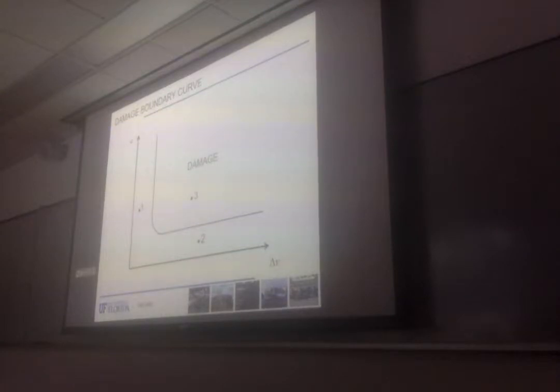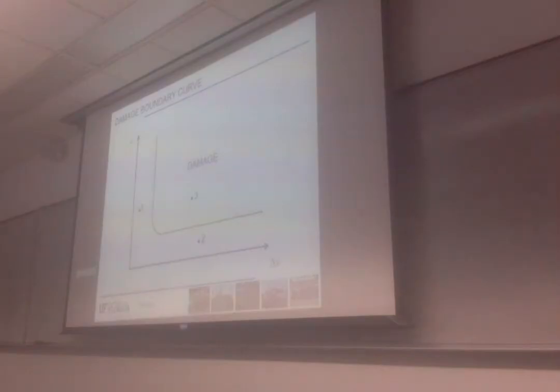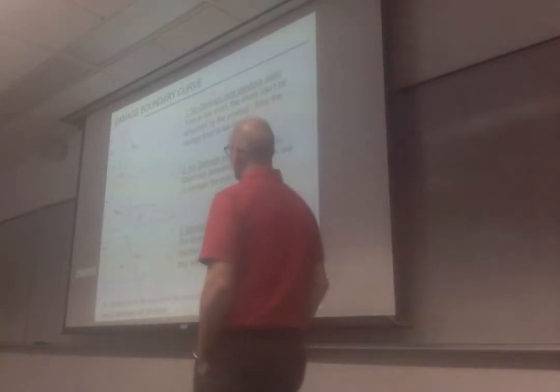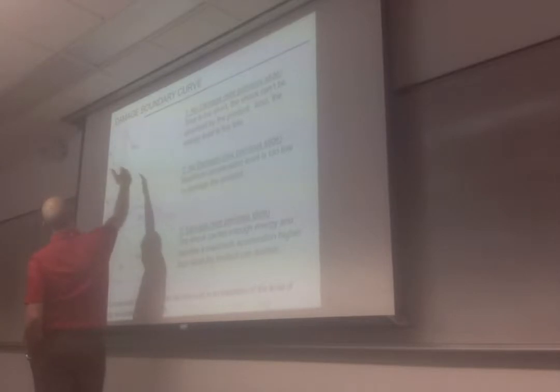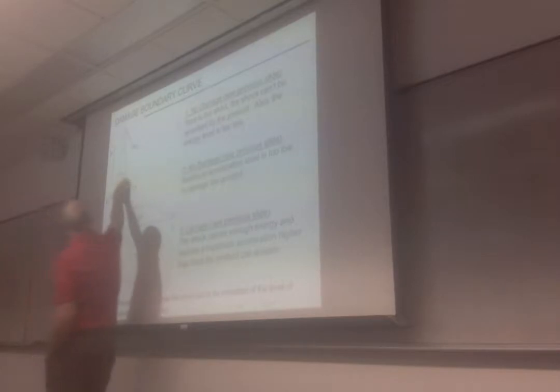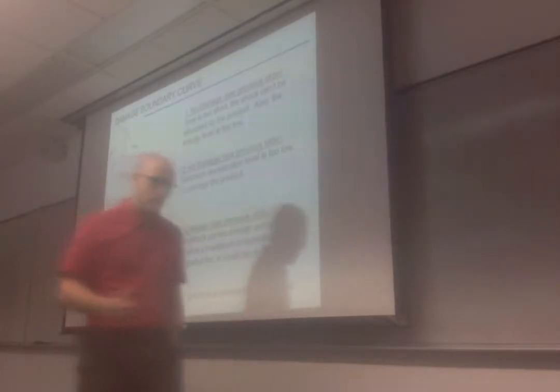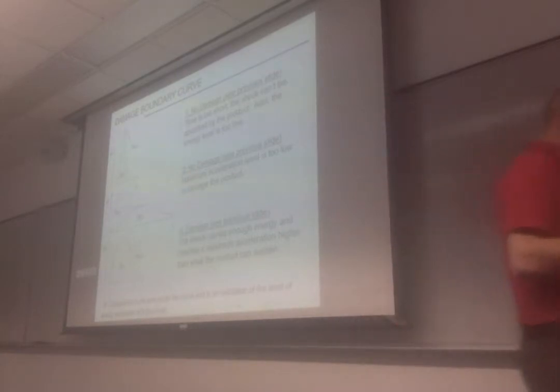So let me turn back on the lights. The impact pulse for point 1 would look something like this. You can have a very large maximum acceleration, but a small velocity change. And remember, I told you before that the velocity change corresponds to the area under the curve. So that means this impact happens over a very small period of time, so you have a very narrow profile.